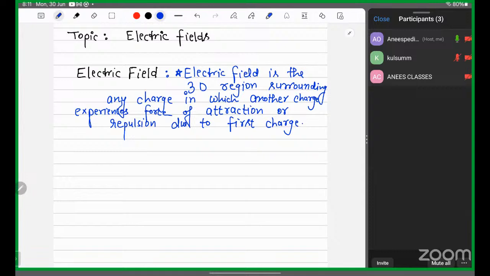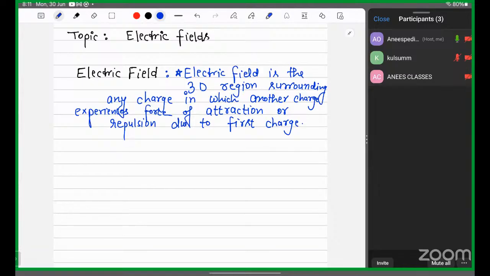Electric field is a region surrounding a charge or surrounding a charge distribution. It may be a single charge or it may be a group of charges. So this is the region in which if you take another charge, whether it is positive or negative, the charge which is coming into this region will experience a force.